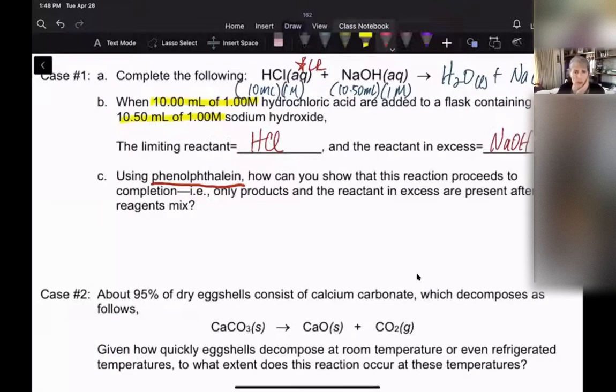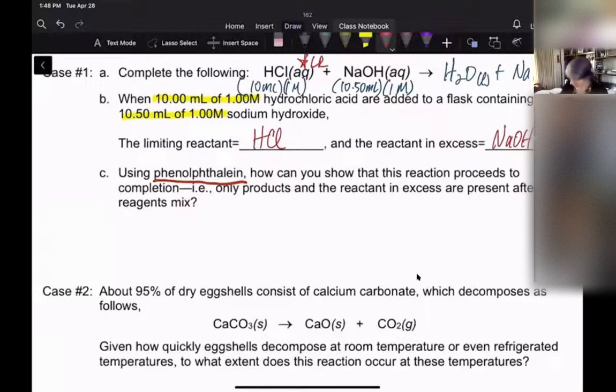Do you know how to calculate the excess? So this is 10 millimoles. This is going to be subtracting off that 10 millimoles, 0.5 millimoles left. And then that is going to be in a new total volume.